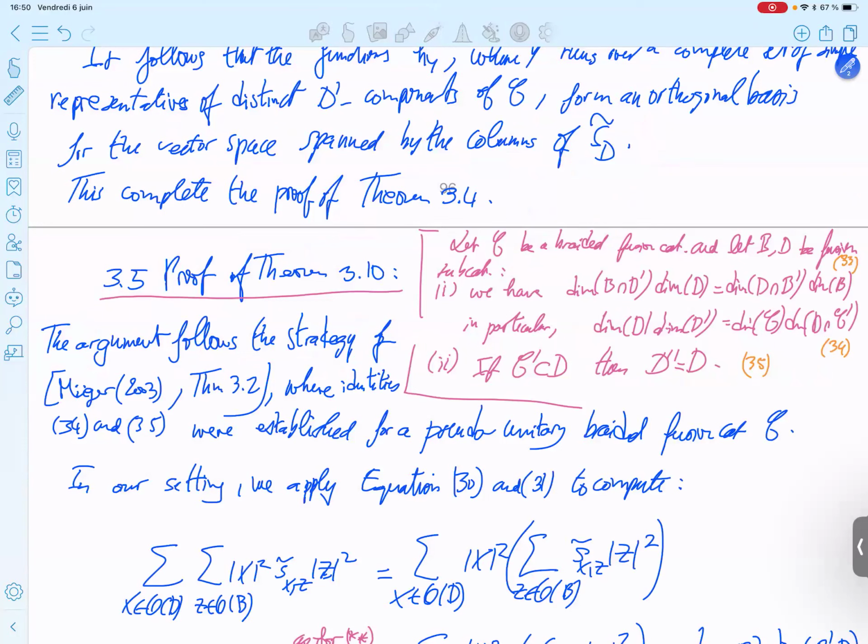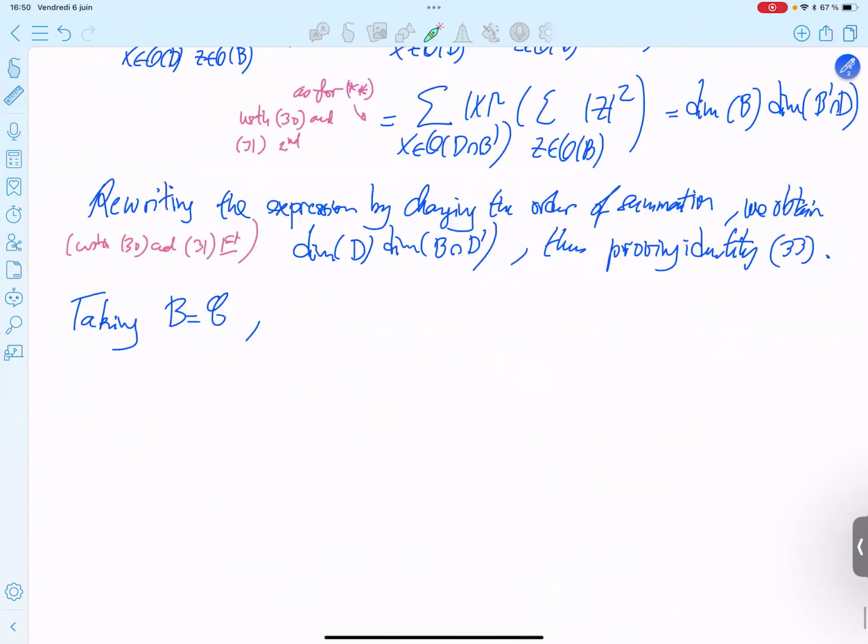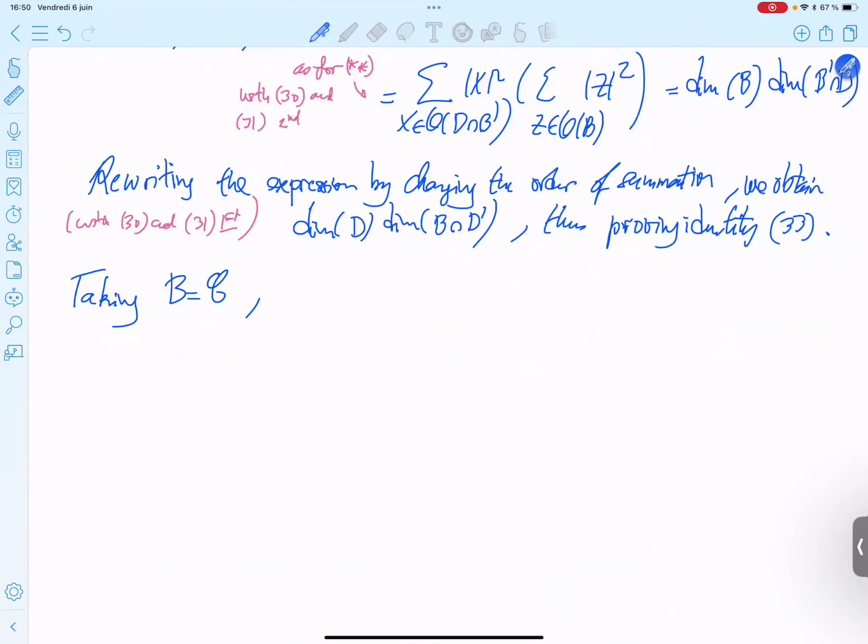You take B equal to C here, you get this, okay, and B equals C. So this is D prime alone, because C is the entire category. We deduce identity 34.